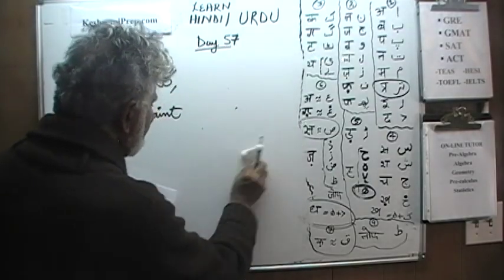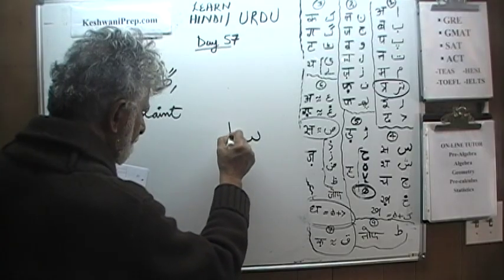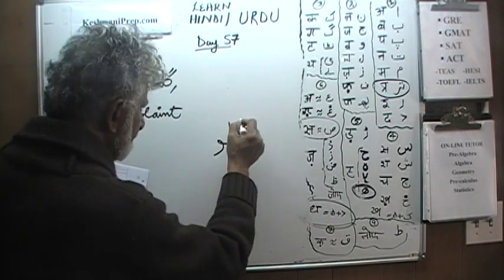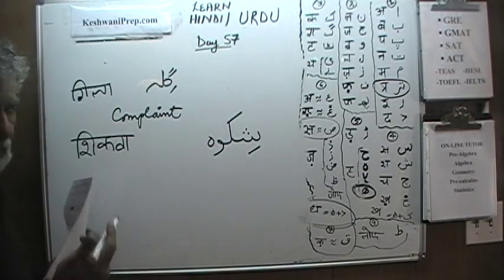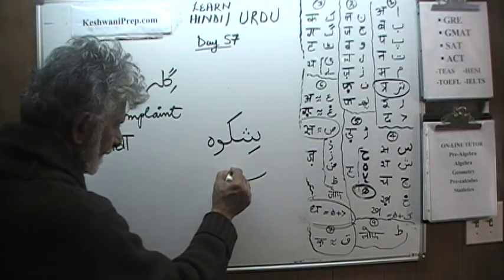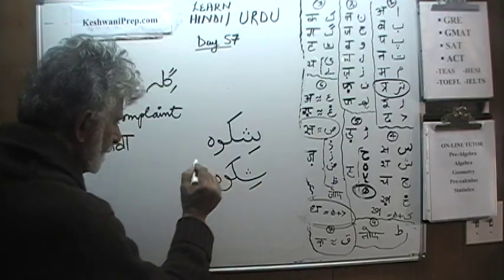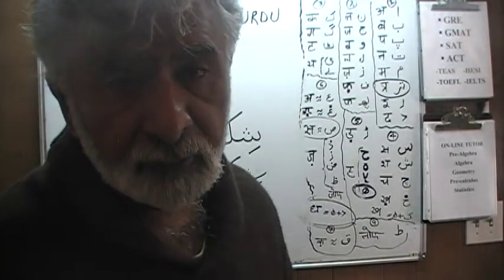Let me read it again. So the sho is like this. There are two loops for sho, one more for ko, that's a ko, then a wa. So that's a sho, she, ka, wa, and then he. But instead of doing all that, instead of writing two loops and then another loop to join the curve, people just write like this. It serves two purposes.